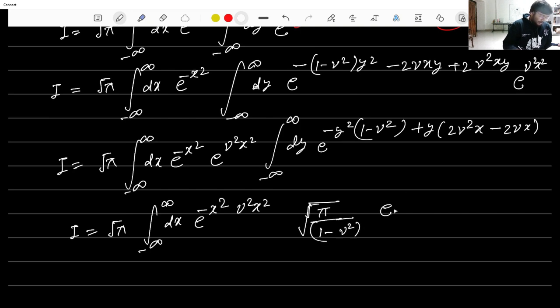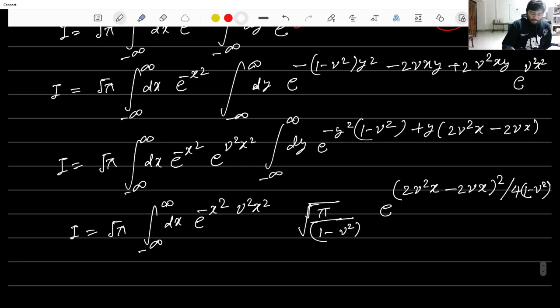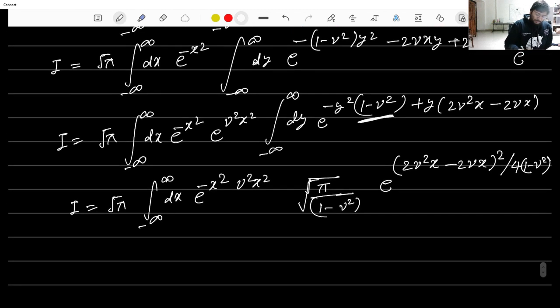And you write it like this, 2 nu square x minus 2 nu x the whole square divided by 4 times 1 minus nu square, correct. So here keep in mind that the shifted Gaussian integral is valid only when a is greater than 0, and what is a here, this is our a parameter. Fine. So 1 minus nu square must be greater than 0.